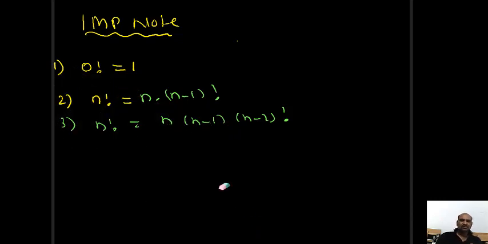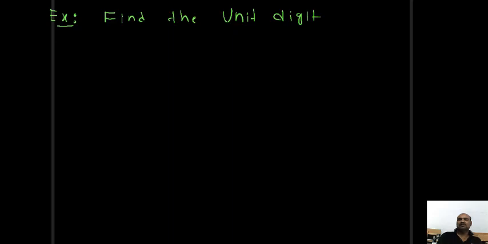Now, one problem. Find the unit digit of 1 factorial plus 2 factorial plus 3 factorial and so on up to 2021 factorial.